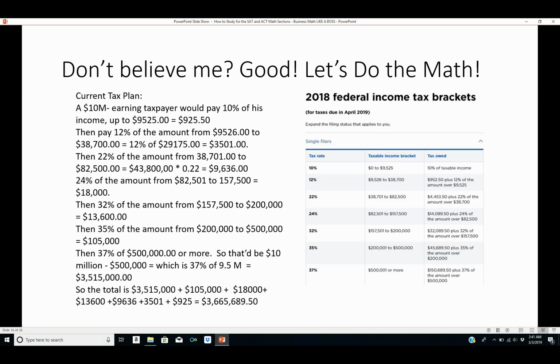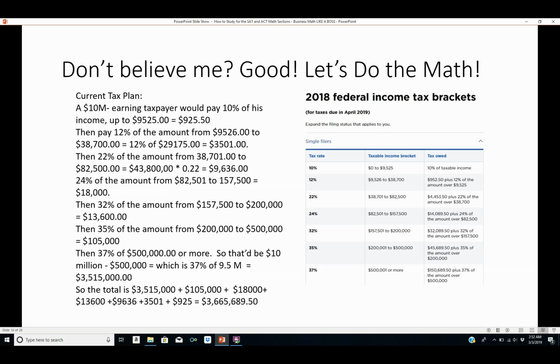So if you add all these numbers up, $3,515,000 plus $105,000 plus $18,000 plus $13,600 plus $9,636 plus $3,501 plus $925, you end up with $3,665,689.50 in taxes. So notice that you wouldn't pay 70% on anything, because you would only pay 70% starting with everything over $10 million.